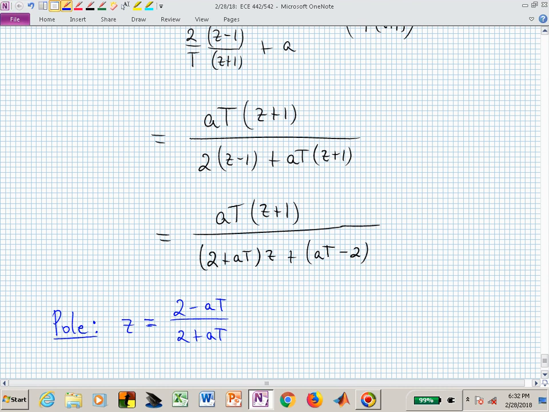Yay! Right? So it is in the right location. Do we have a finite zero? Where is it? Negative 1. Does that seem okay?